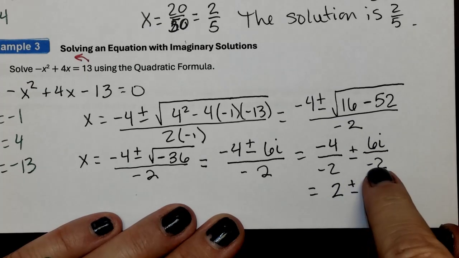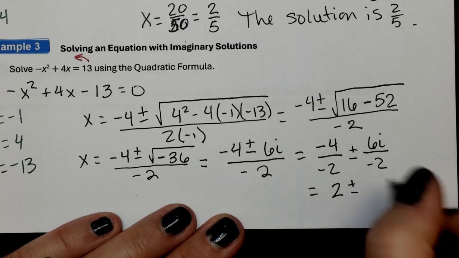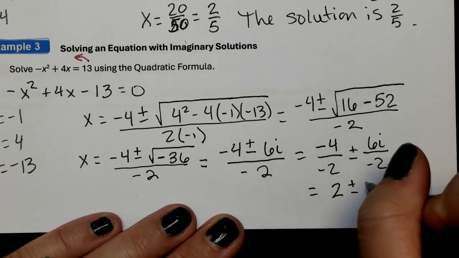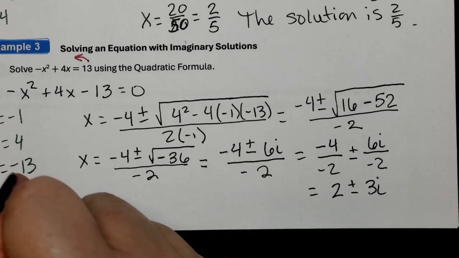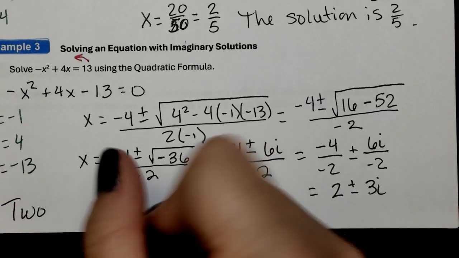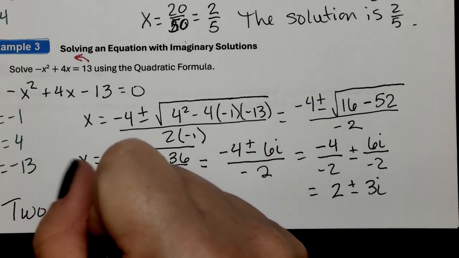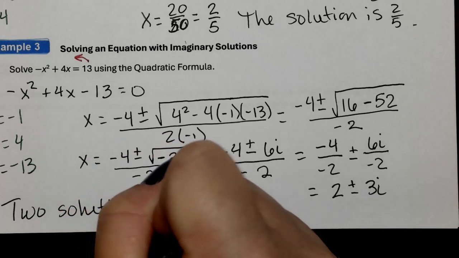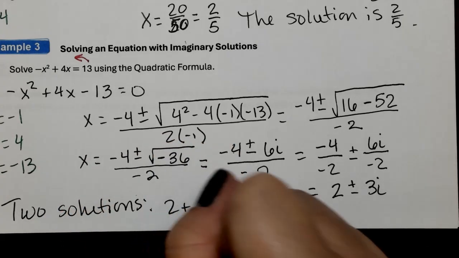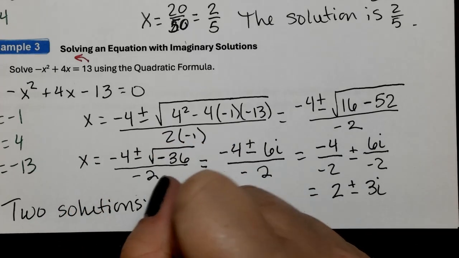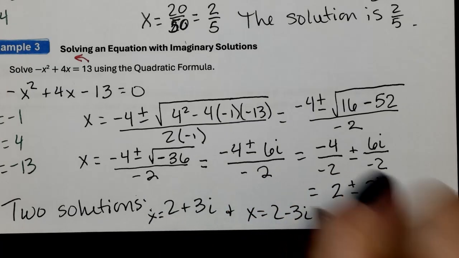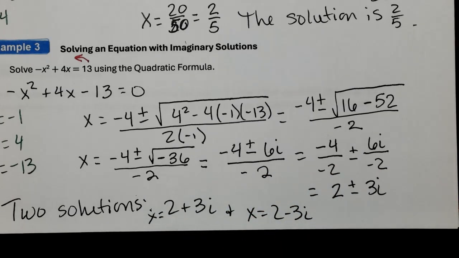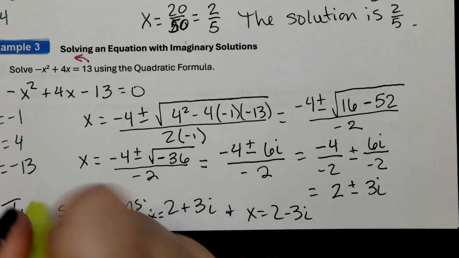So really this negative doesn't affect our second part. And then 6 divided by 2 is 3. So we still have 2 solutions. They are just now imaginary. And they are x equals 2 plus 3i and x equals 2 minus 3i. So those are our 2 solutions, 2 imaginary solutions.